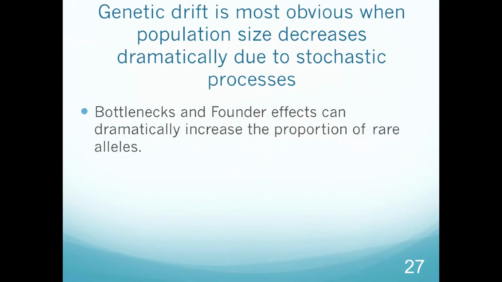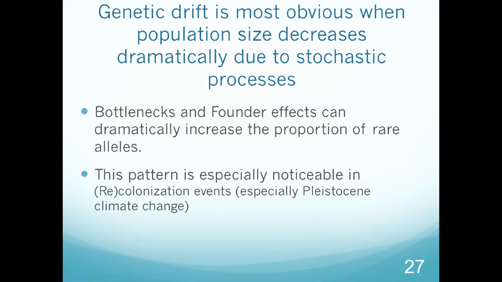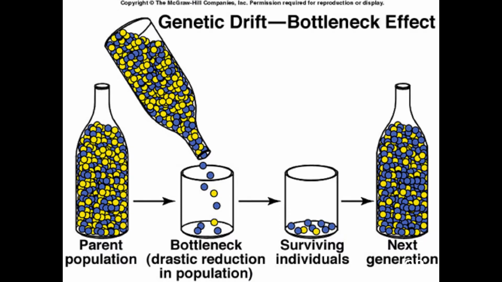So genetic drift is most obvious when you have large-scale random effects, such as bottlenecks and founder effects. It's especially noticeable during recolonization events. A bottleneck is classically illustrated by an actual bottle where you have an equal frequency of blues and yellows, and they go through a bottleneck so that only a few individuals from the population survive.